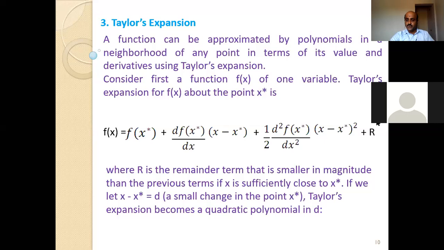So in this equation, you can see the term r. It is just a remainder term, and it is always smaller in magnitude than the previous terms if x is sufficiently close to x star. Here, let x minus x star be equal to d, a small change in the point x star.